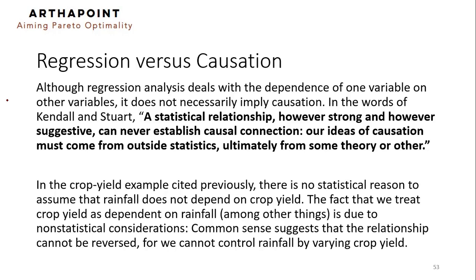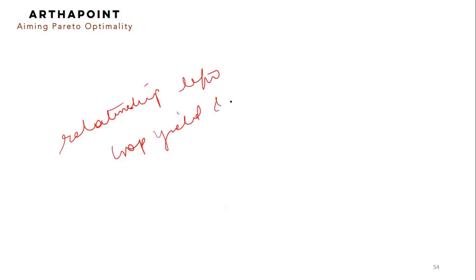Sometimes I can establish a relationship, but it may not be a causation relationship. The cause may not be defined. So, for example, let's say that I find out the relationship between crop yield and rainfall.